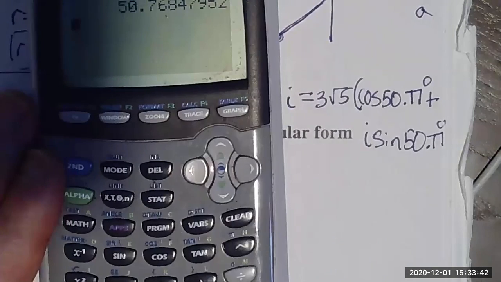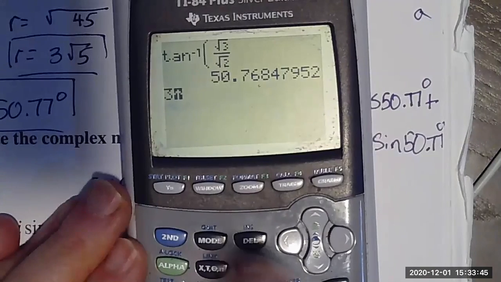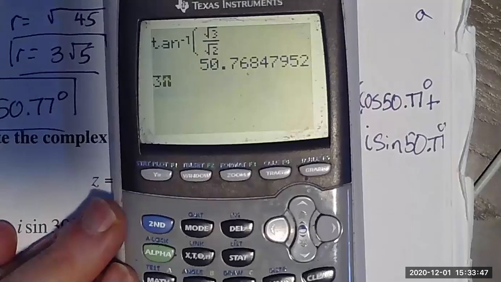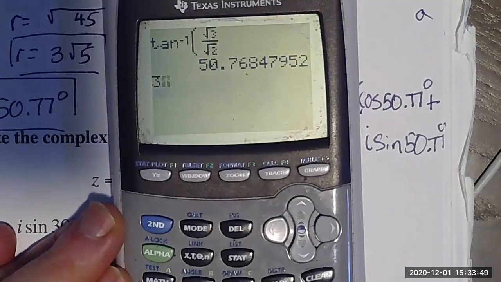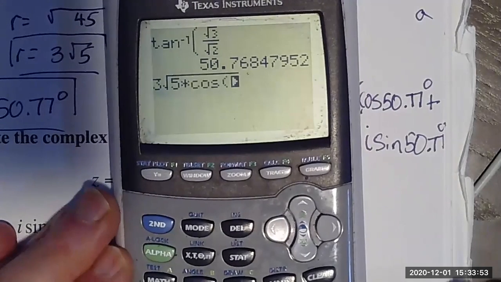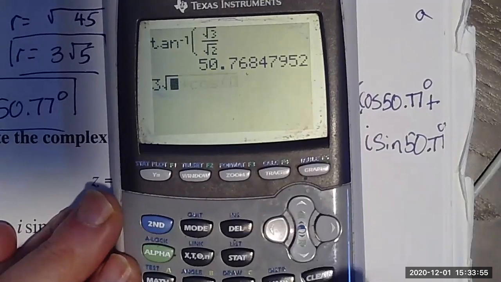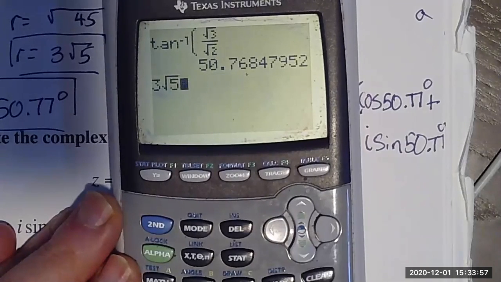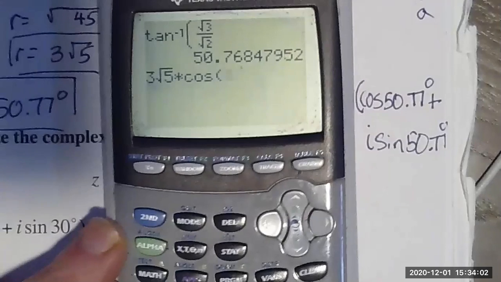And I'm going to check it. So I'm going to go over here, 3 root 5 times cosine of 50.77.